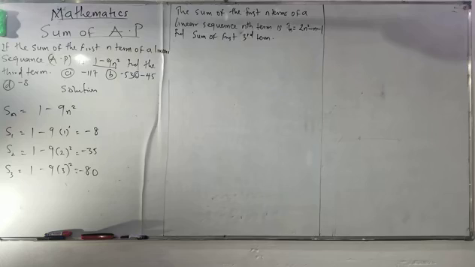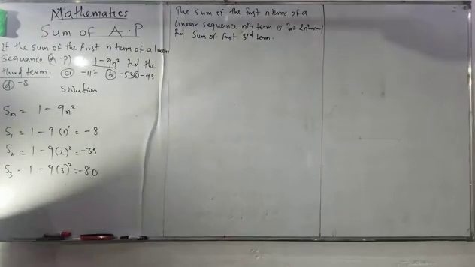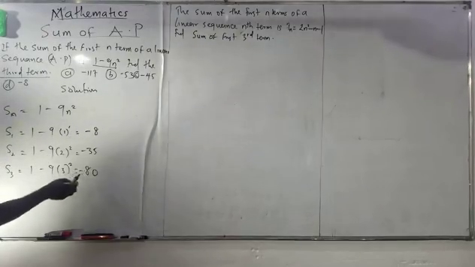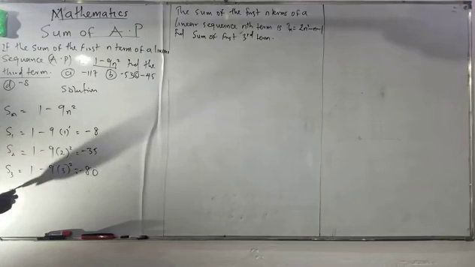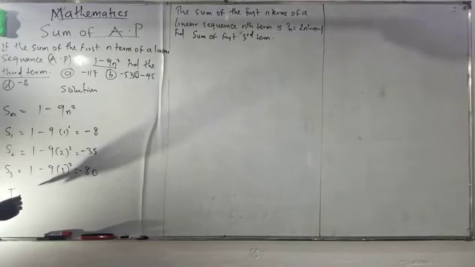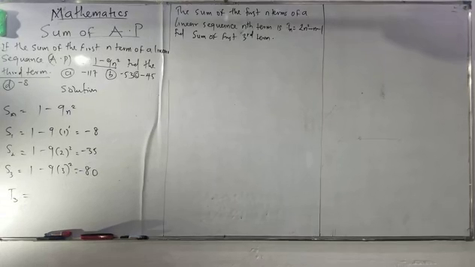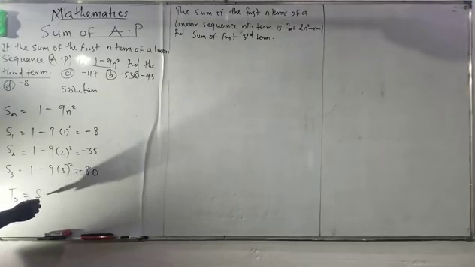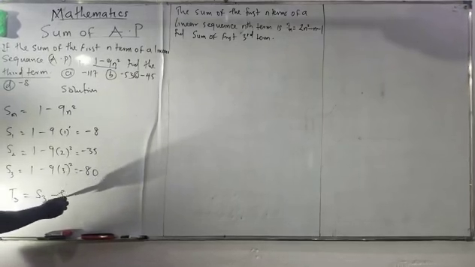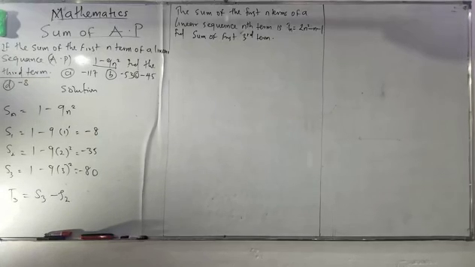Now, if I want to find my T3, my third term, it will be equal to the sum of 3 minus the sum of 2.